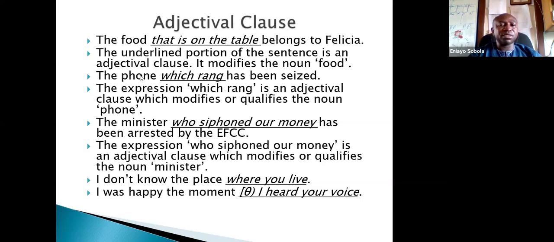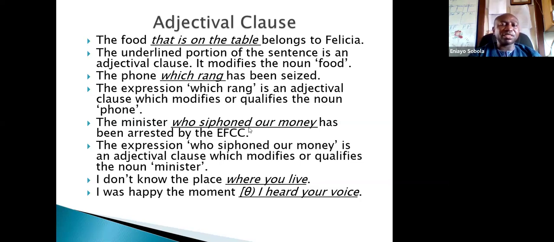Another example, the phone which rang has been seized. Which rang is a relative clause or adjectival clause. Which modifies the noun phone. Another example we have here, the minister who siphoned our money has been arrested by the EFCC.